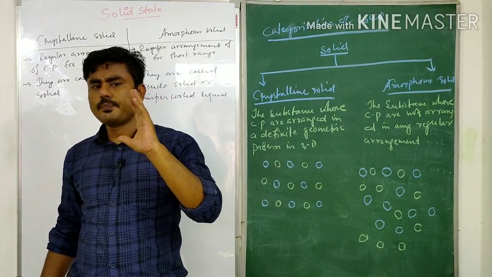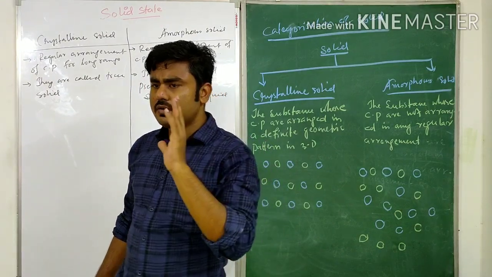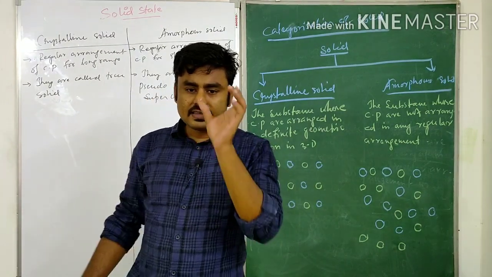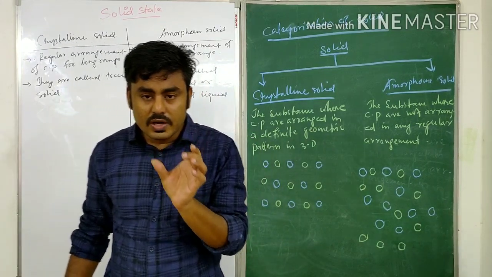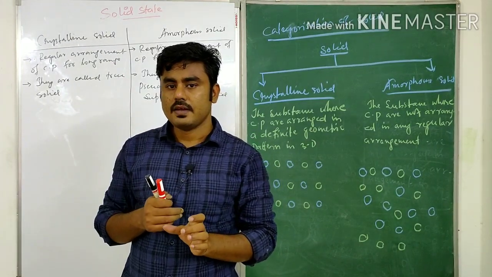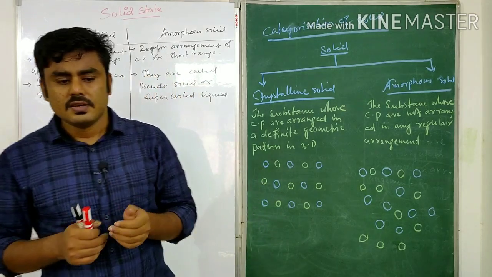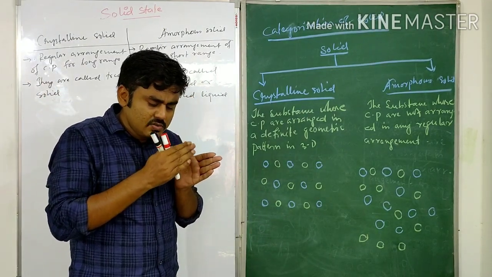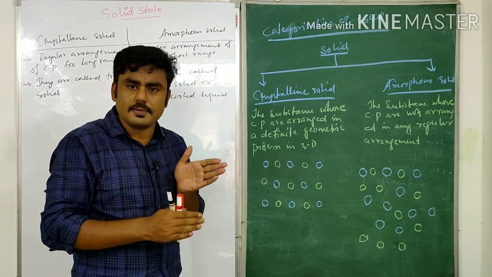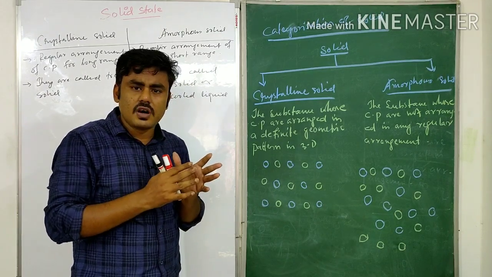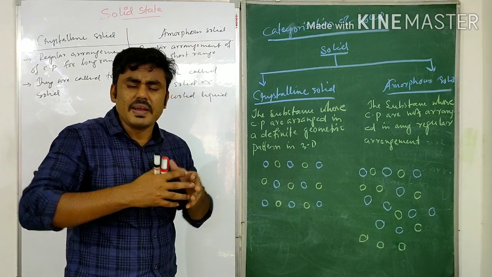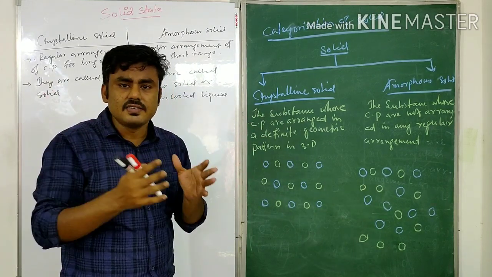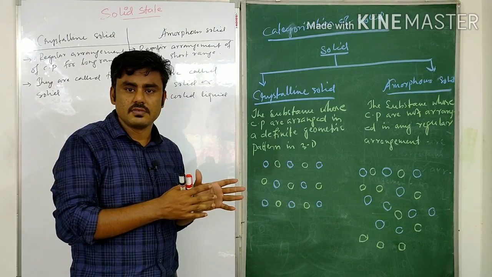If you see the window glass panes of a very old building, you will find that the thickness of the glass is more at the bottom than at the top, because the glass flows down very slowly and very slightly, and it happens over many years, say about 100 years.